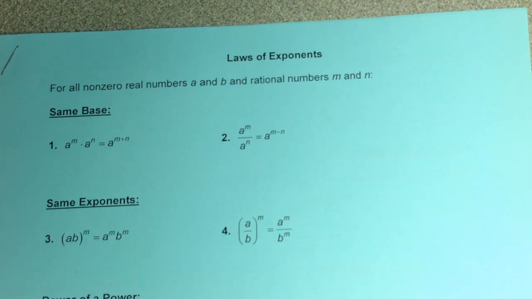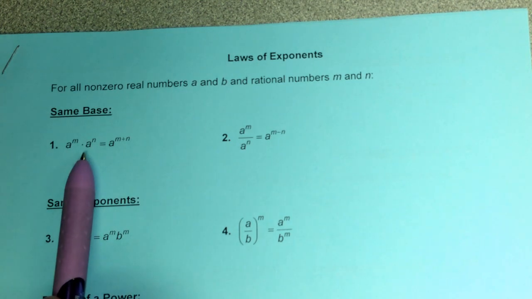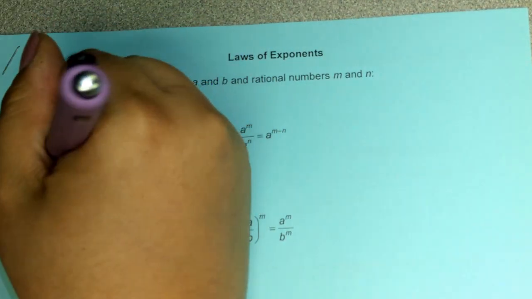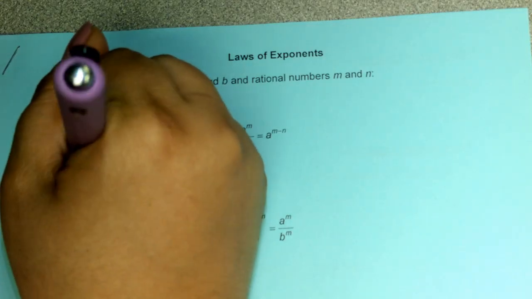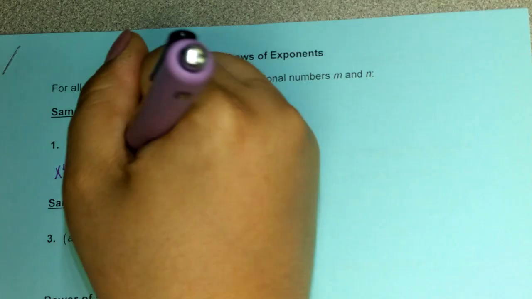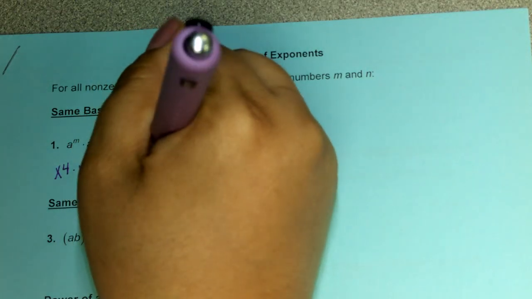So first thing, laws of exponents for all non-zero real numbers, a and b, those are your bases, and rational numbers, m and n, those are your exponents. If they have the same base and you are multiplying, what do you actually do to the exponents? You add them. So if I have x to the fourth times x to the third, what is that going to be? 4 plus 3 is x to the seventh.